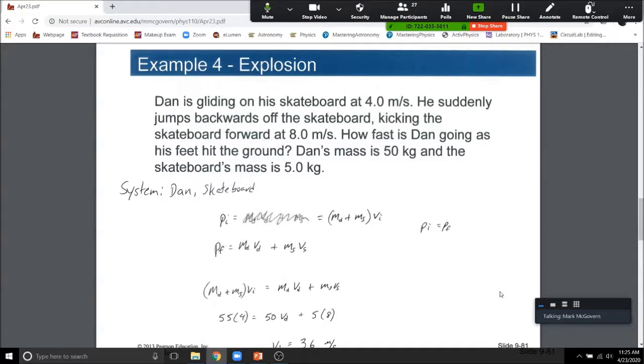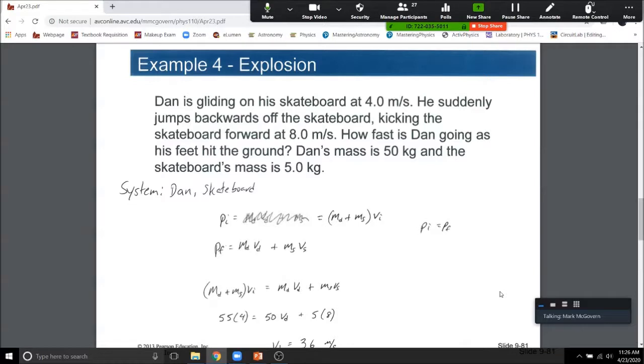So there is a non-zero initial momentum. But what is true is that before the explosion takes place, Dan and the skateboard are moving as a system. So we would characterize the initial momentum as the sum of their masses times their initial velocity.